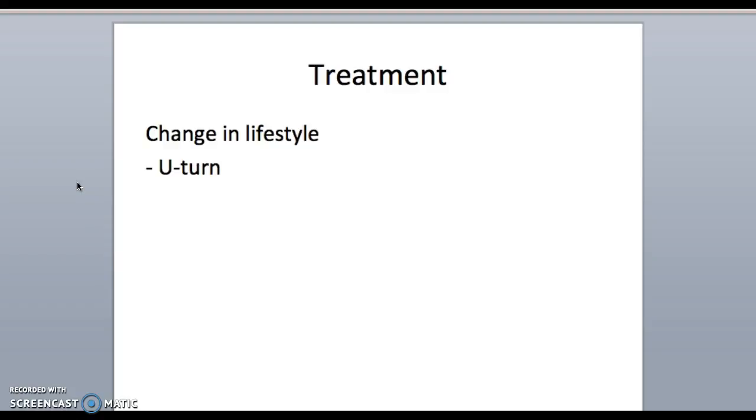And this is also proved in a Danish television program called U-Turn by Chris McDonald, where a lady actually got cured from the disease through hard training and a clean and healthy diet. So it proves that lifestyle is a very important factor for the development and treatment of the disease.